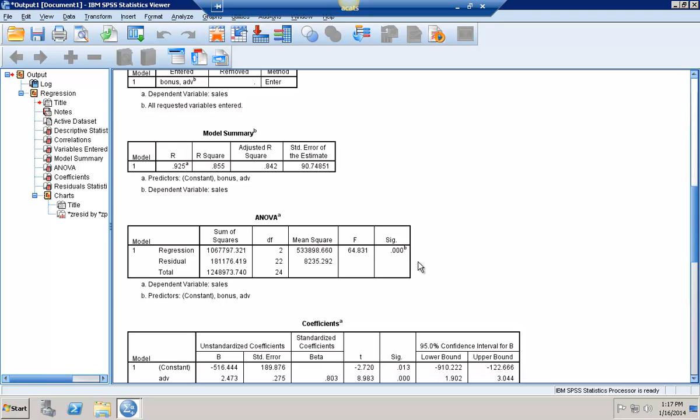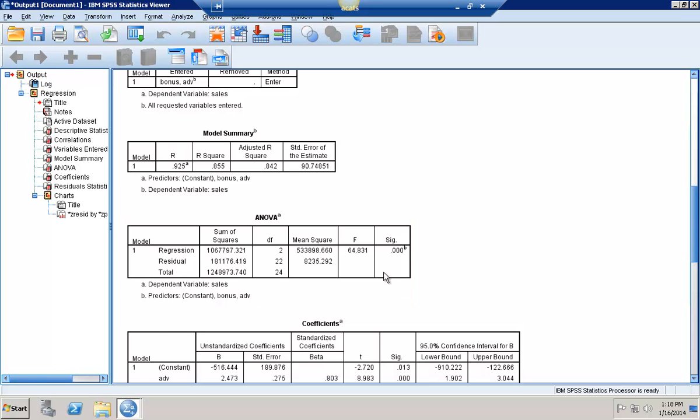The original F test, H0: all of the independent variables together have no impact on sales. So H0: beta bonus equals beta advertising equals 0. And I see my p-value there is 0, so I would reject H0. And my conclusion is that at least one of my independent variables does have a statistically significant impact on sales.